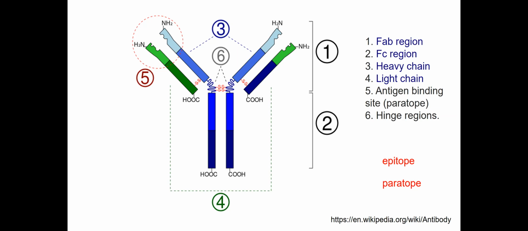If this is an antigen, there can be an epitope here, here, and here. Different antibodies can recognize different parts of this antigen. That's why even though you inject just a single antigen, it can still generate hundreds of thousands or maybe millions of different antibodies.